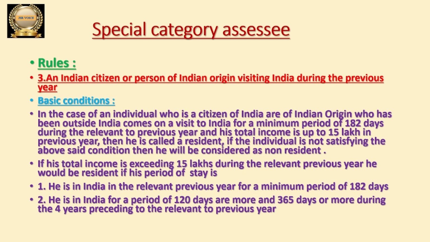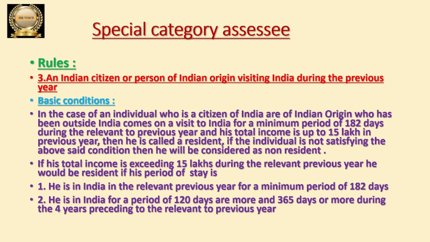If he is satisfying the stay of 182 days during the previous year and his income is exceeding 15 lakhs during the relevant previous year, then we have to apply other conditions.